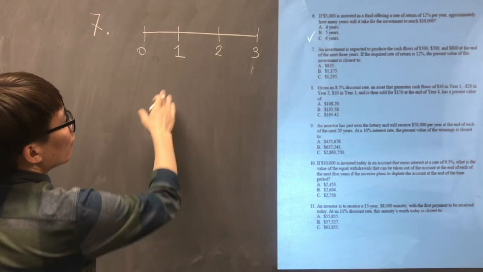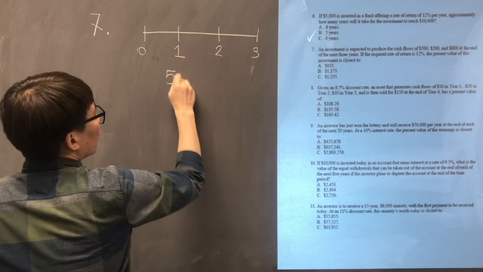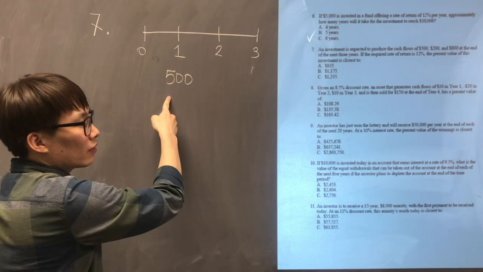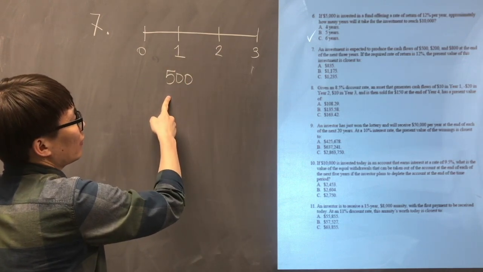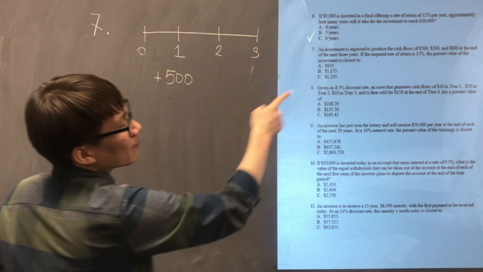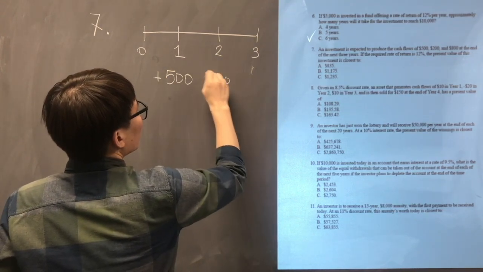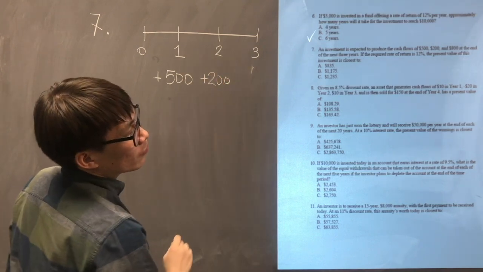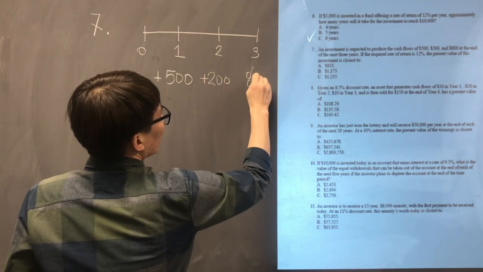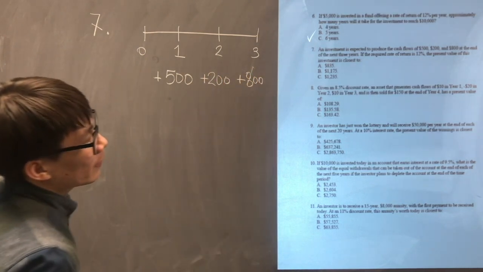In the first year, they will generate 500. This is a cash inflow, so it's positive. Second year, 200, right? And year 3, 800.